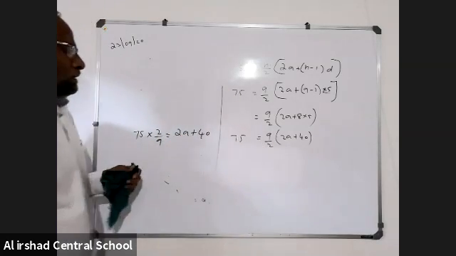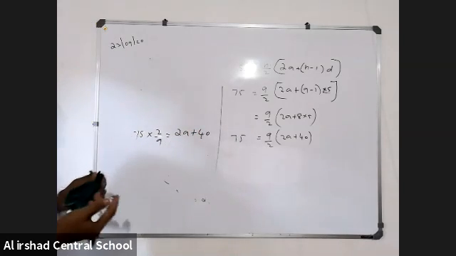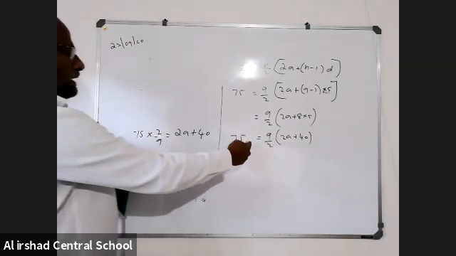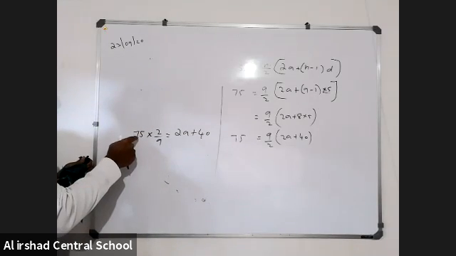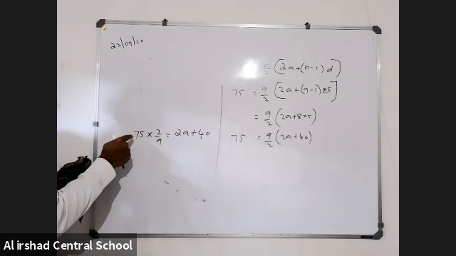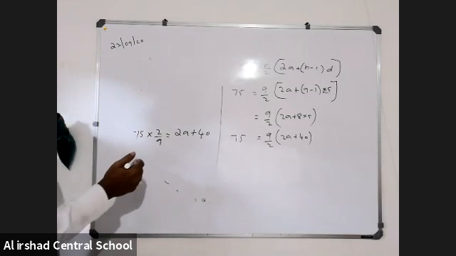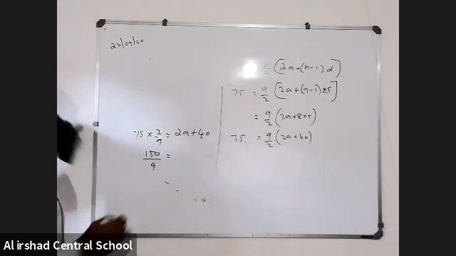Divide by 9 by 2 means multiply by 2 by 9. Now 150 by 9.